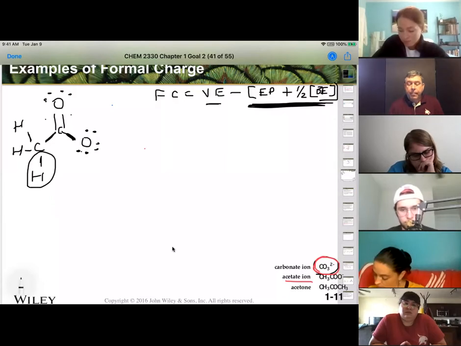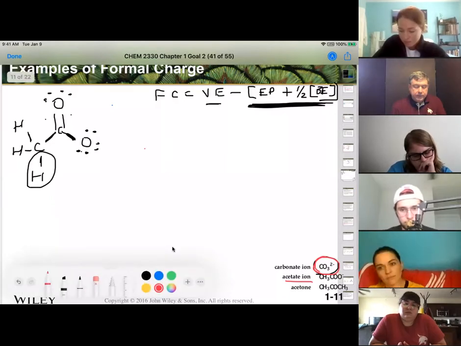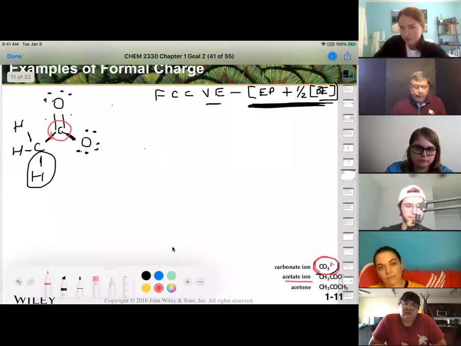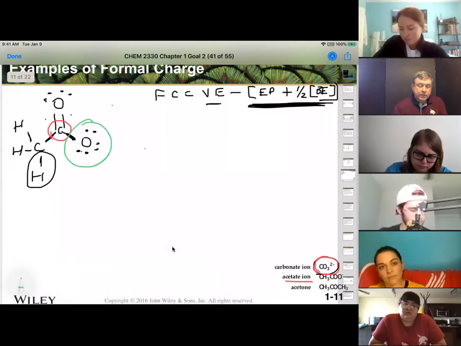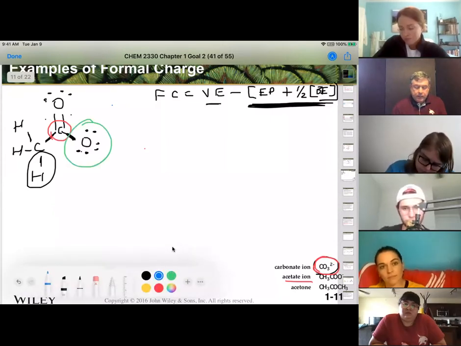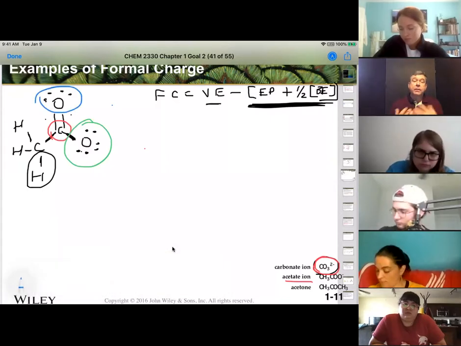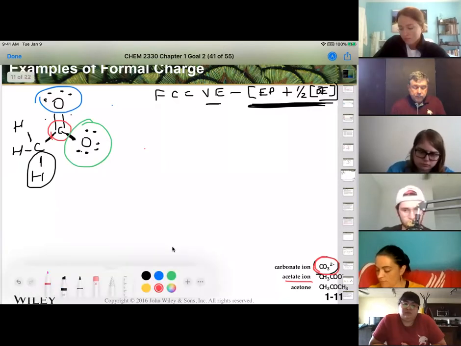Okay, so we have our carbon in the middle. That's one thing we're going to calculate formal charge on. And then we have two different oxygens, this oxygen here and this oxygen here. They're different because one of them is bonded twice and one of them is bonded once. So we need to calculate all three. Let's start with our carbon.